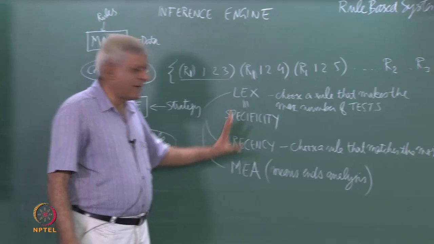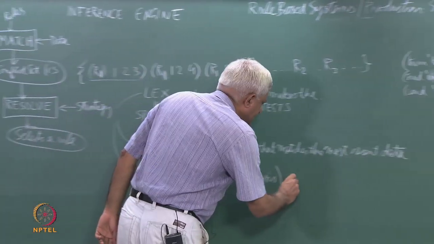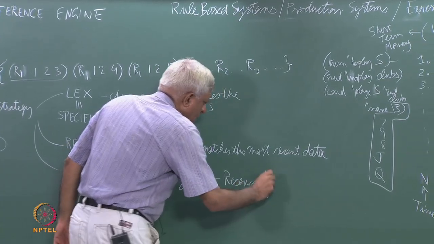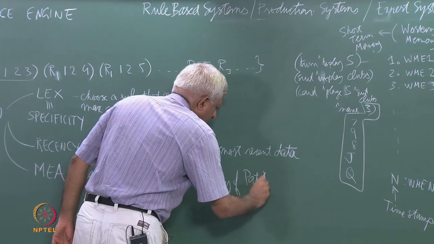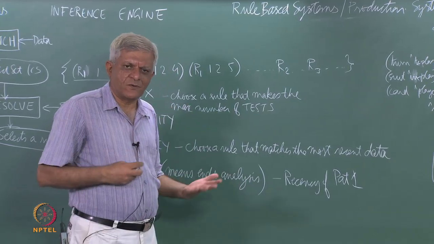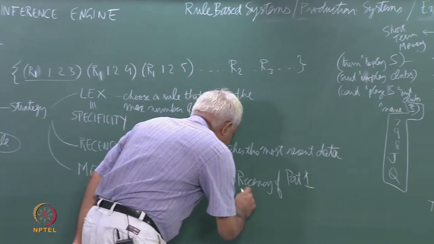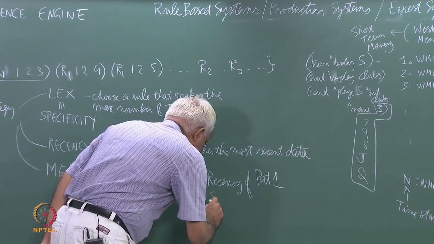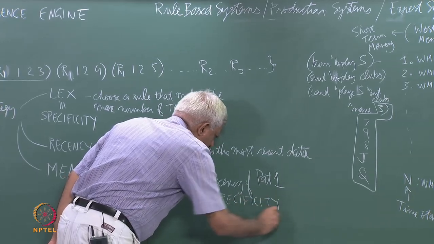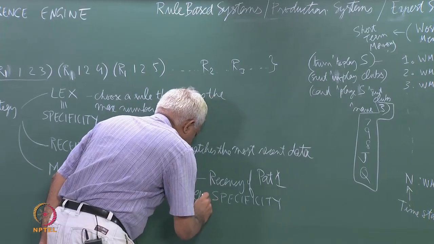It essentially combines these two by saying recency of pattern 1, and if there is still a conflict, then specificity. So, I should write else.